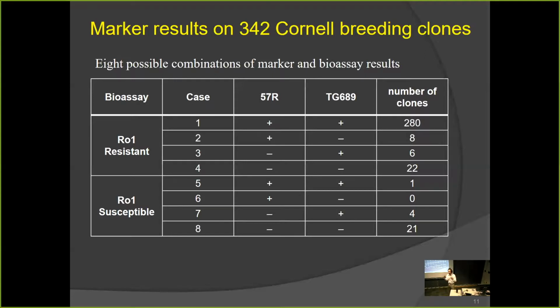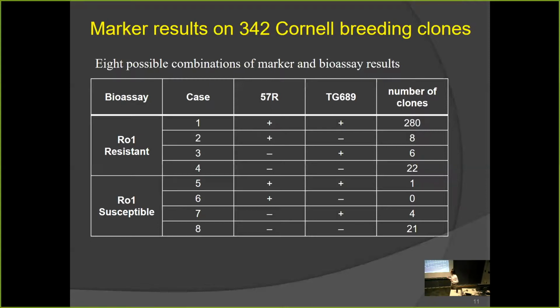And if another clone was susceptible and showed a negative response from the two PCR tests, the clone belonged to case 8. So as I expected before, the majority of resistant clones belong to case 1, and the majority of susceptible clones belong to case 8. And the rest of them are caused, I believe, by recombination.